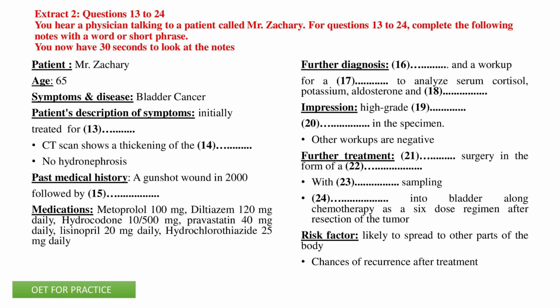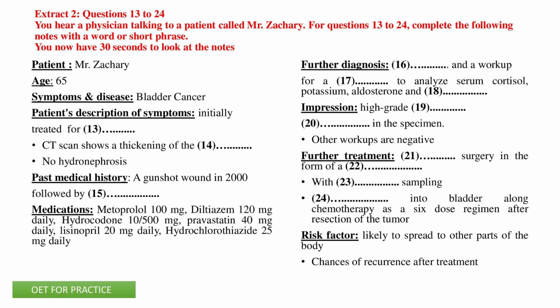I am really sorry to inform you that the transitional cell carcinomas are really very difficult to treat. Muscle-invasive carcinoma is likely to spread to other parts of the body, and I have to get it treated either by removing the tumor or by treating the bladder with chemotherapy.